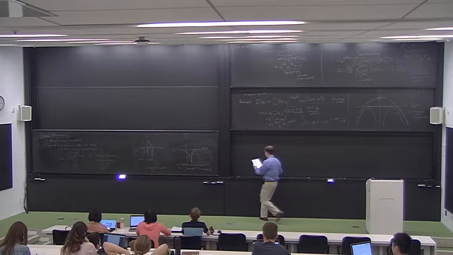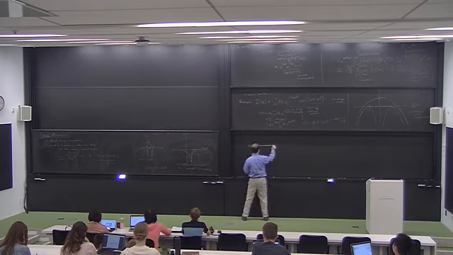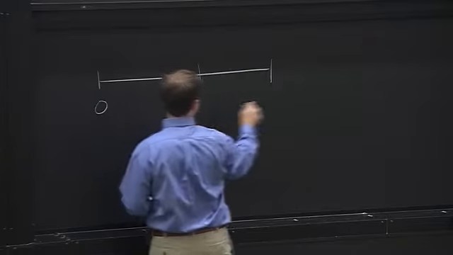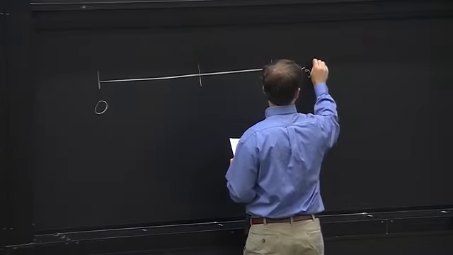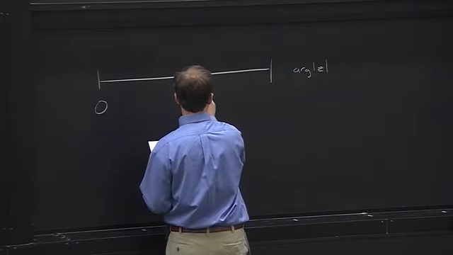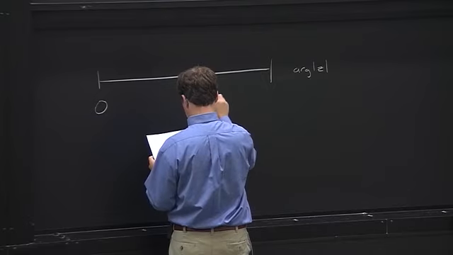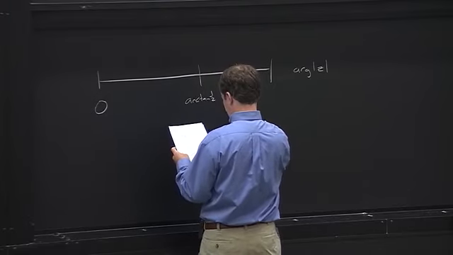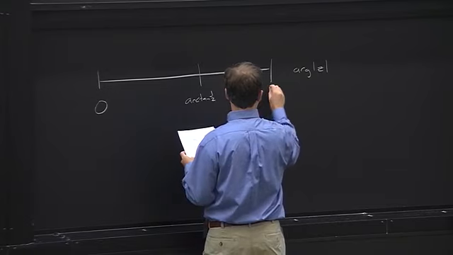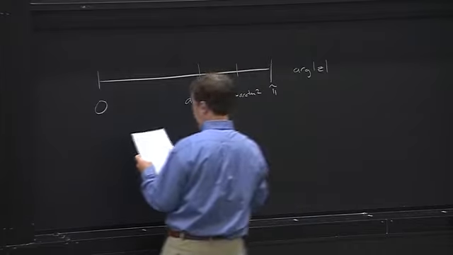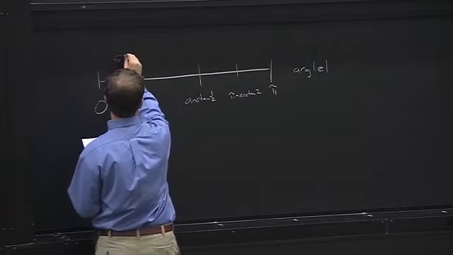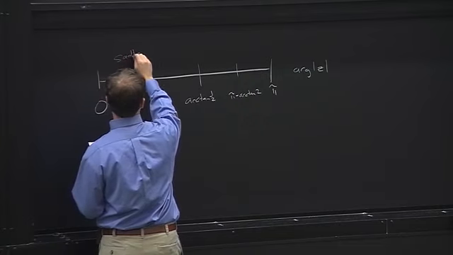What we see, to summarize: if the argument of z is sufficiently small, we've got a saddle point dominating.